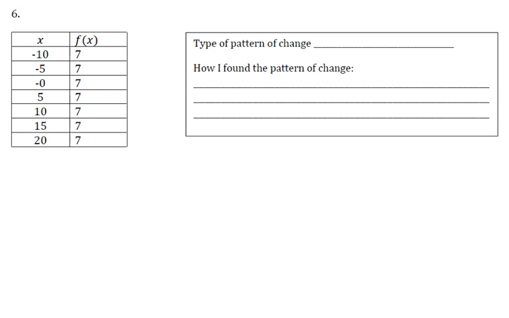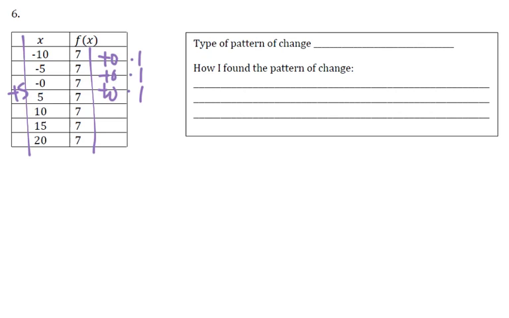Alright, if we look at number 6, okay, this one, do we have an equal interval? Yes, we're adding 5 each time on the input. Do we have an equal difference or factor? Well, we could say we're adding 0. I suppose that would be an equal difference. We could also say we're multiplying by 1.